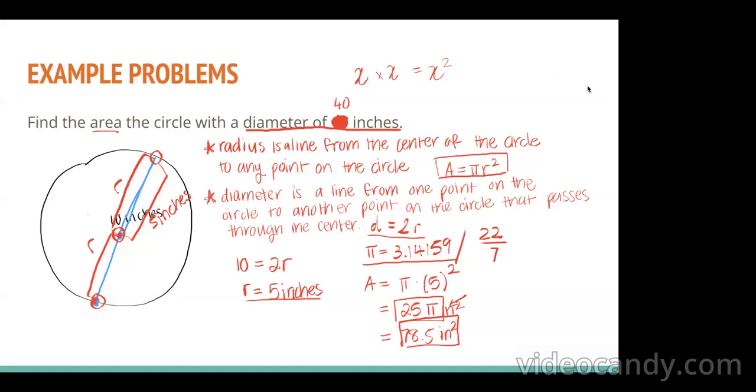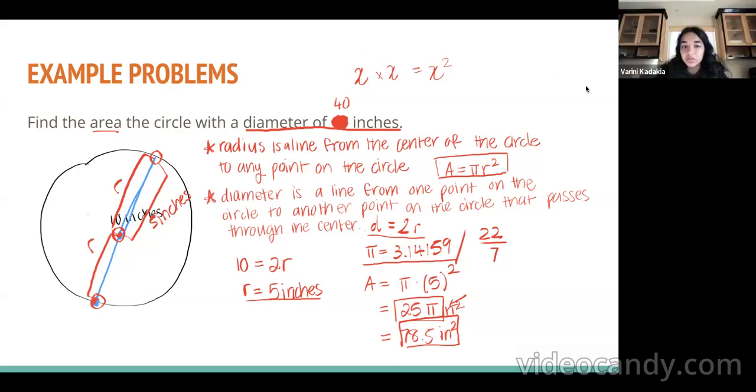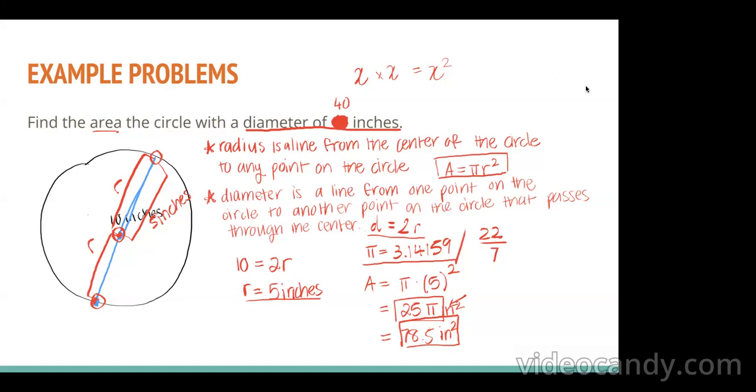I said x times x equals x squared. That's the square. I don't understand.